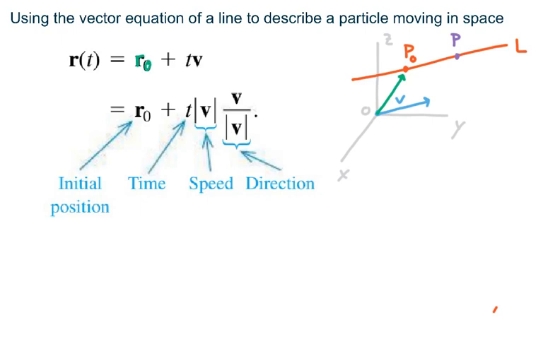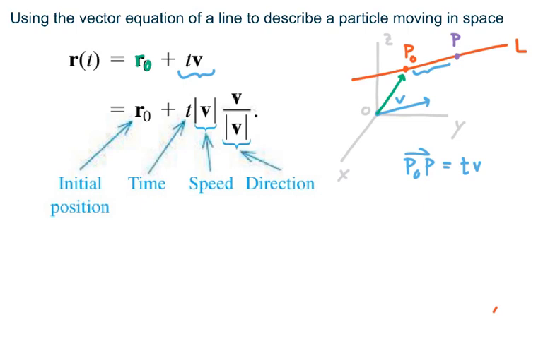And tV, right here, is the distance from P naught to P. So P naught to P is some scalar multiple t of that vector v.